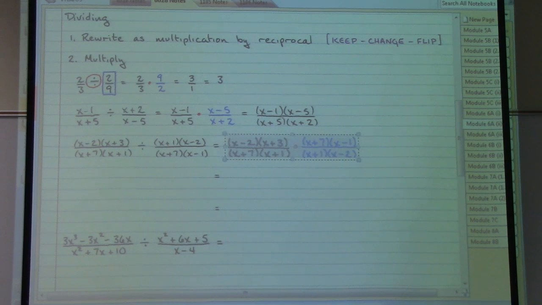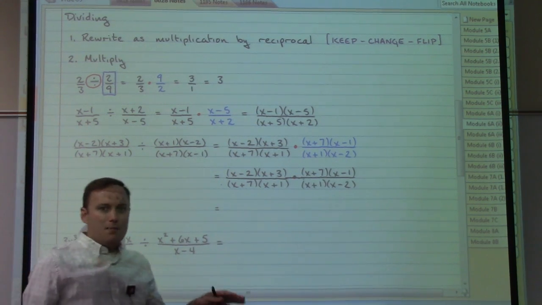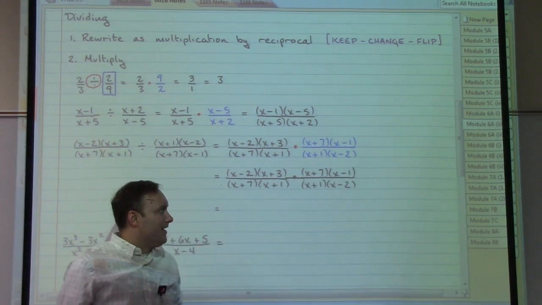So just to show you the quick and dirty version of that, we're going to extend our fraction bar so that it covers up our multiplication symbol.